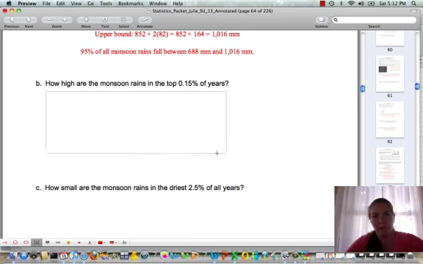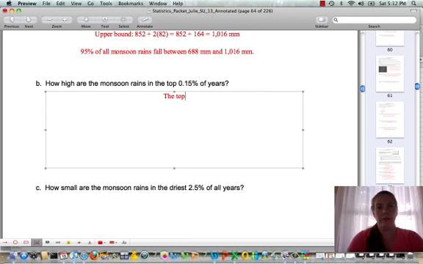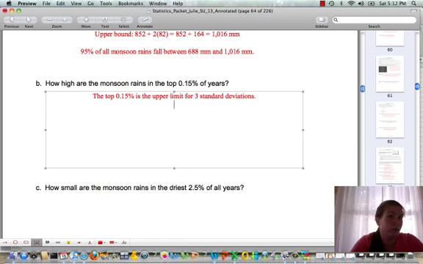Let me type that out. That's a mouthful. So the top 0.15% is the upper limit for 3 standard deviations. Or sometimes we say 3 sigmas. You might have heard that phrase, 3 sigmas, used before. So we can go ahead and calculate that upper limit or upper bound.